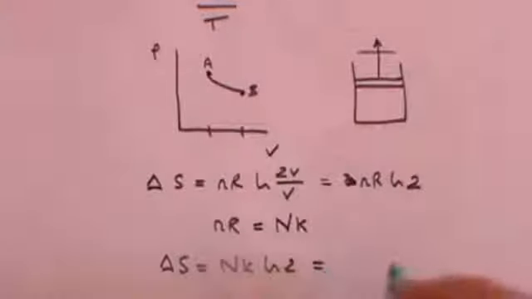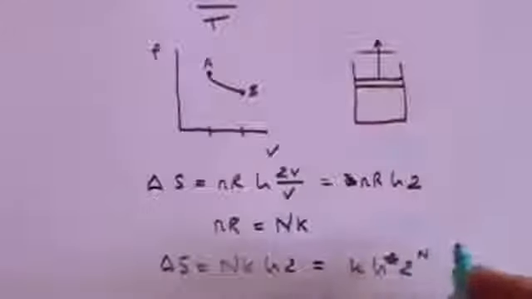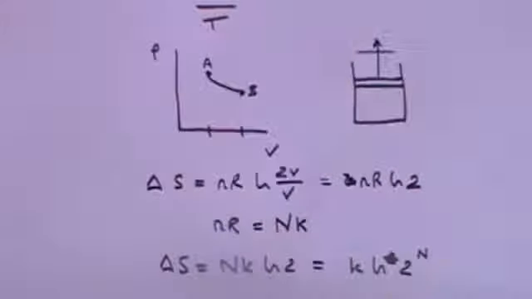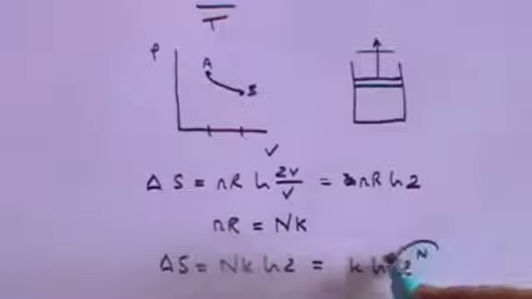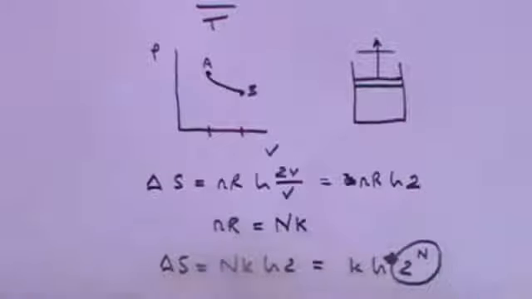And that can be written as Boltzmann constant times the log of 2 to the power N. And 2 to the power N is essentially the number of what's called microstates, the number of different permutations that those atoms or molecules can have.